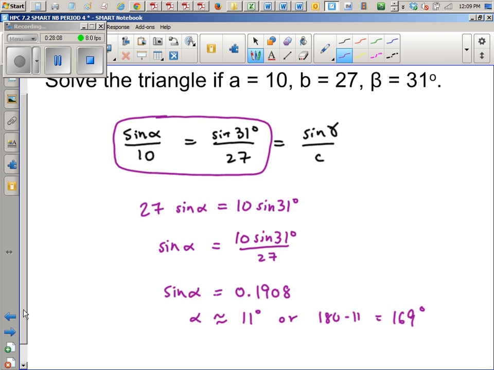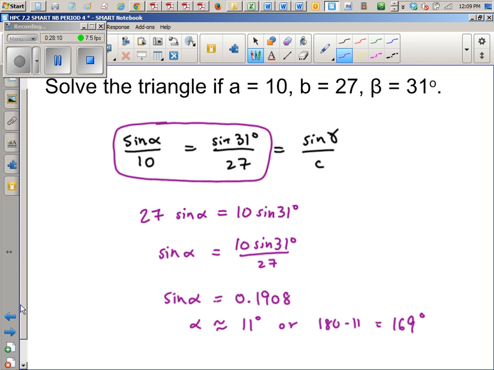Since beta was 31 degrees to begin with, I can understand having an 11 degree angle and a 31 degree angle in a triangle. I still got plenty of room left over for my third angle. But I can't understand how we can have a 31 degree angle and a 169 degree angle. That's already 200 degrees. I don't have any room left over for a third angle. See? So at this point, after writing the 169, I'm going to cross it out, knowing that it is not meaningful, and I'm going to go with alpha equals 11.